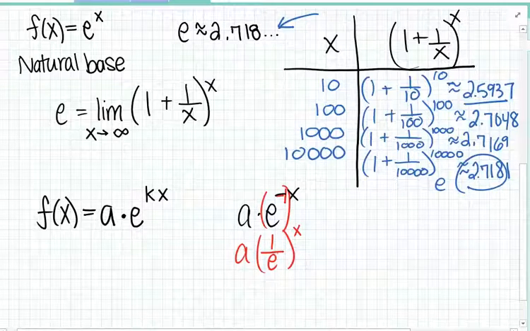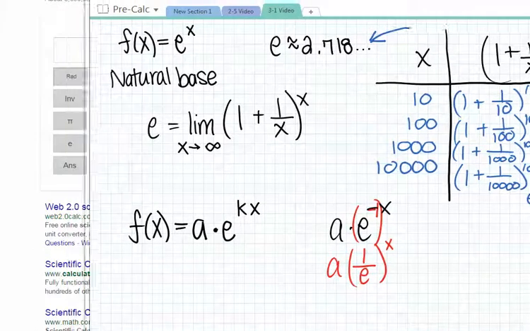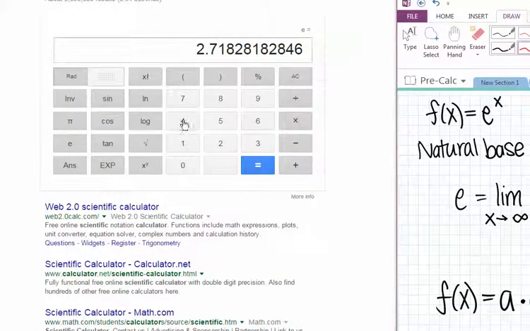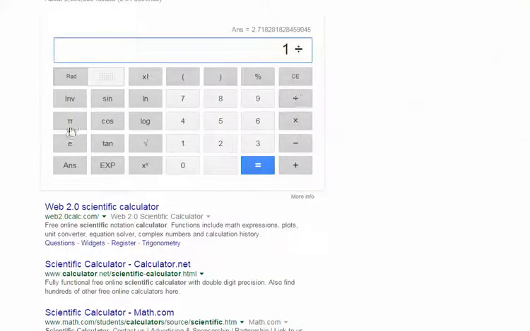Now 1 over e is basically 1 divided by that 2.718 number, right? If we do 1 divided by e, you get this number. This number would make it a decay function because it is a number less than 1, while e on its own is a growth function because it is greater than 1.